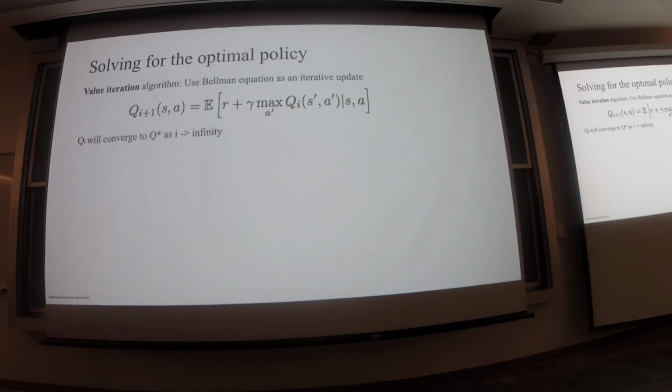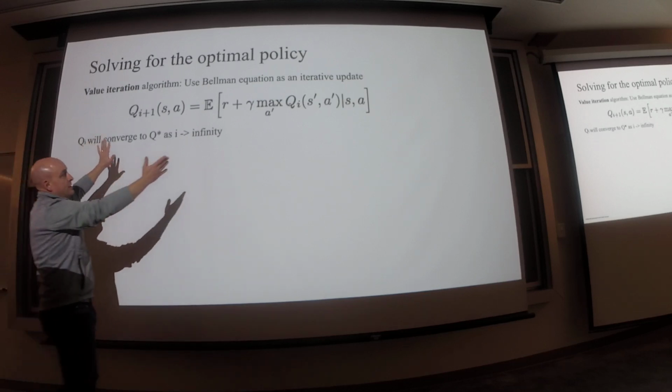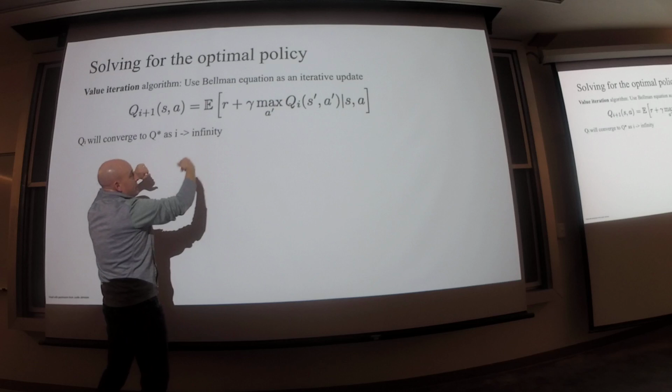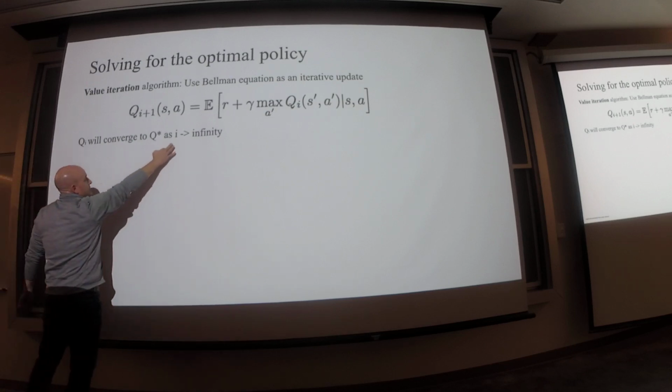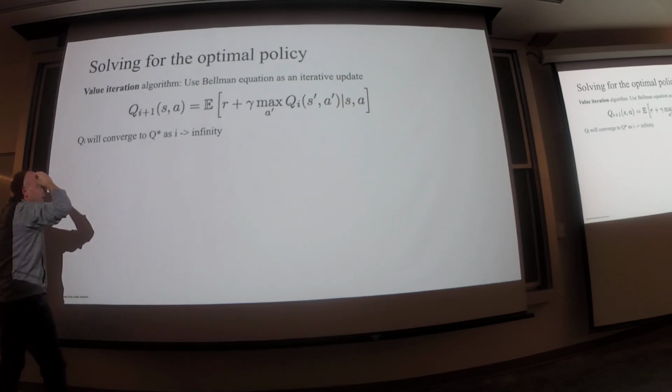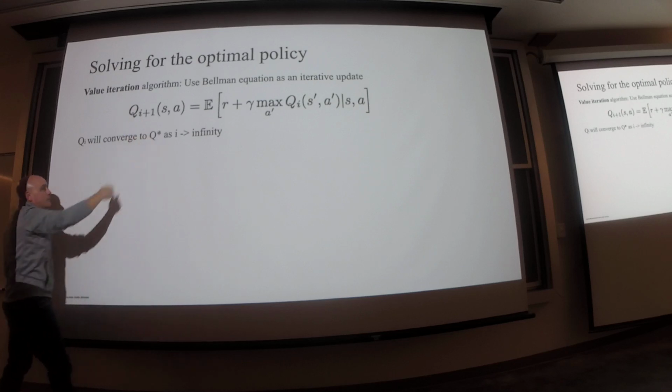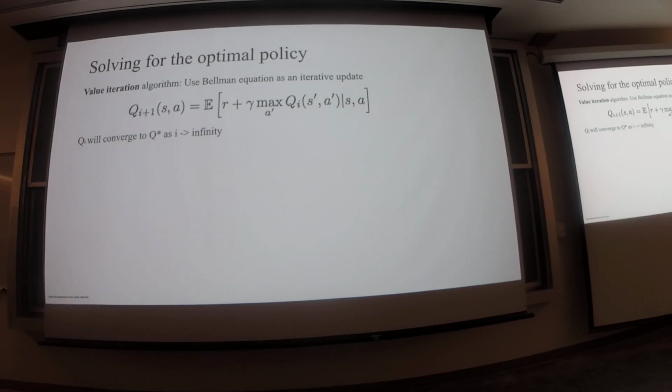So if we can compute all the things in here, then we can continue to iterate this process on the Q value function. And as this i gets large, this function converges to our optimal Q value function.